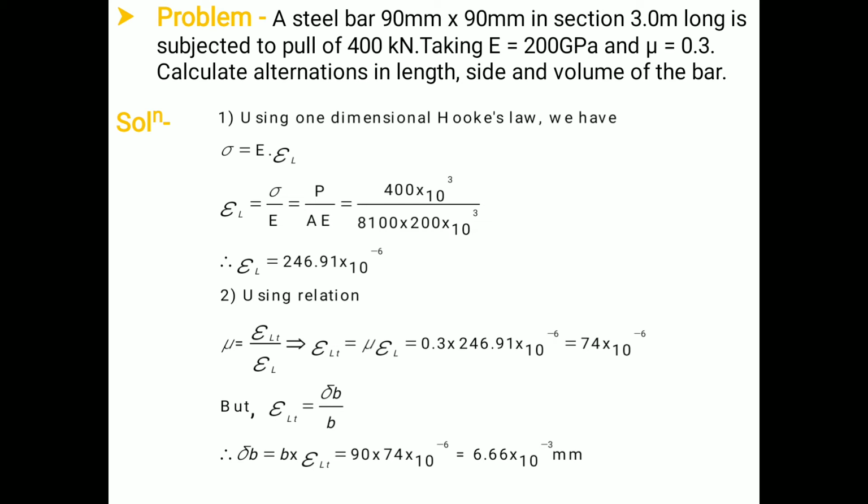Taking E is equal to 200 GPa and mu is equal to 0.3, calculate alterations in length, side and volume of the bar. Alteration in length, side and volume of the bar is nothing but we have to find out the value of change in its length, change in its side. Side means it may be a width, it may be a height of that particular bar, and change in its volume we have to calculate.